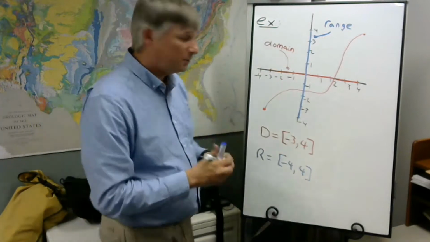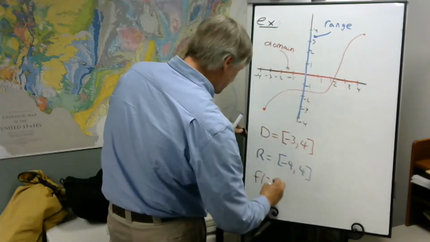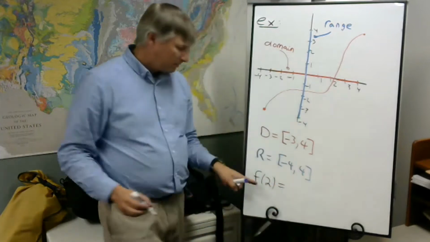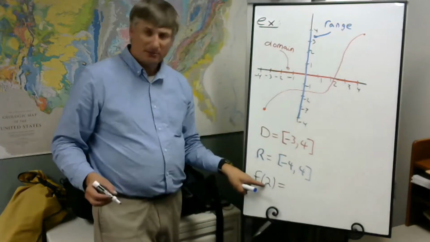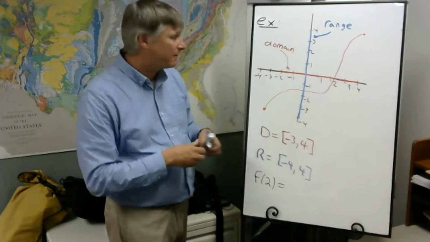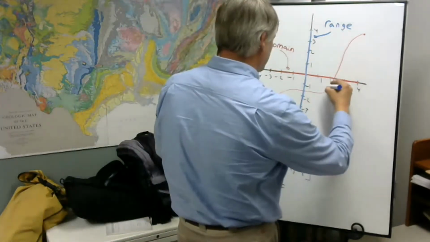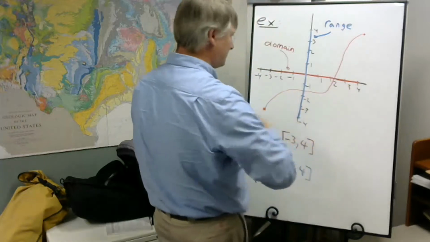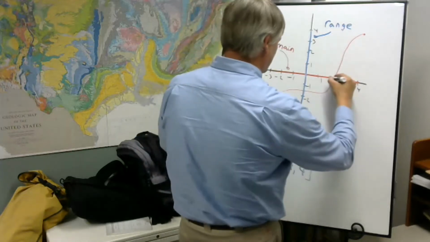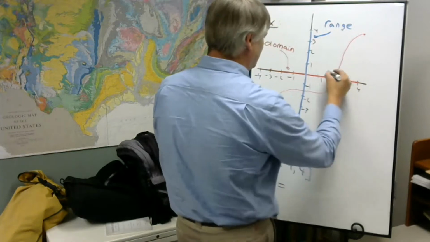Finally, what's f of 2? Well, what this means, when we have an x input of 2, what's the output? Now, the way we figure that out is we look to the graph. There's 2. Drop down here. So x is 2.